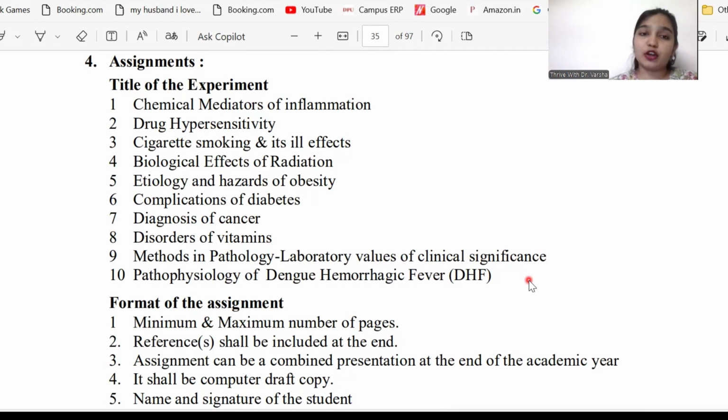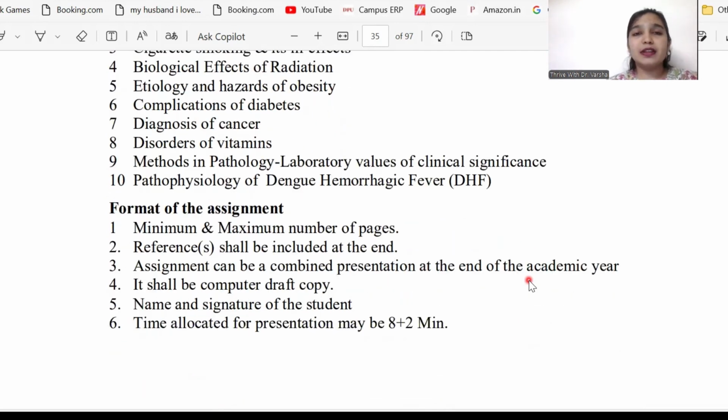And in assignment, your professor might allot you a topic, or you have to select a topic, and from that topic you have to make an assignment. They will let you know how many pages they need for the assignment. References should be included at the end.